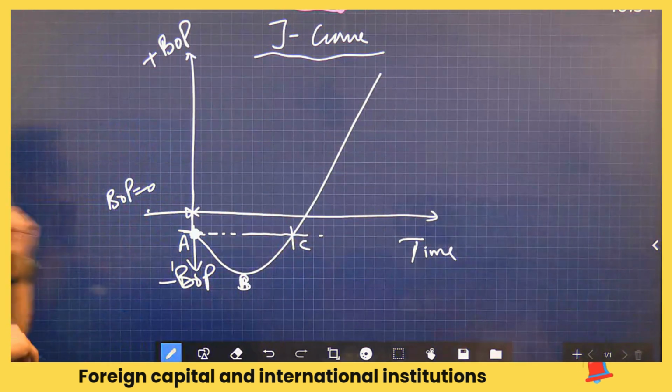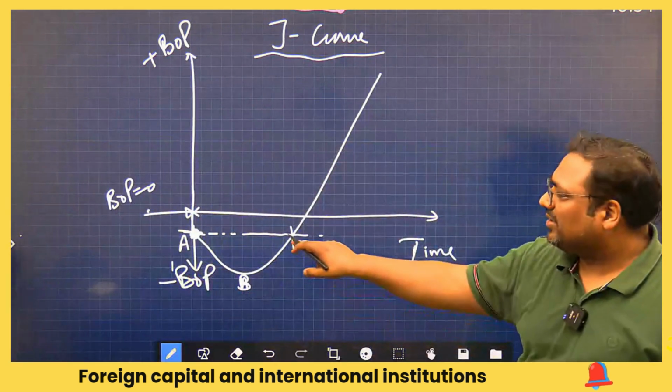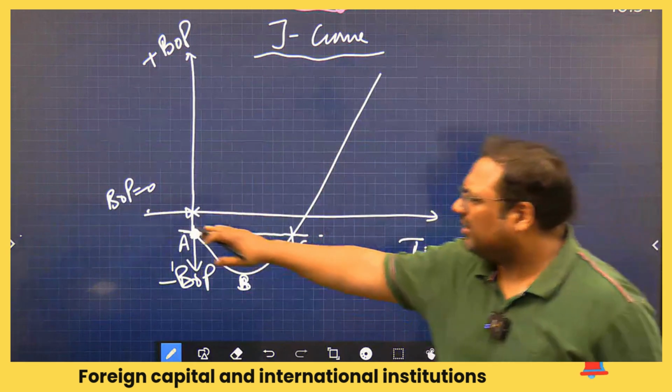Okay, so let us say at point C it is surpassing the previous level. You do not have to necessarily make this ABC.